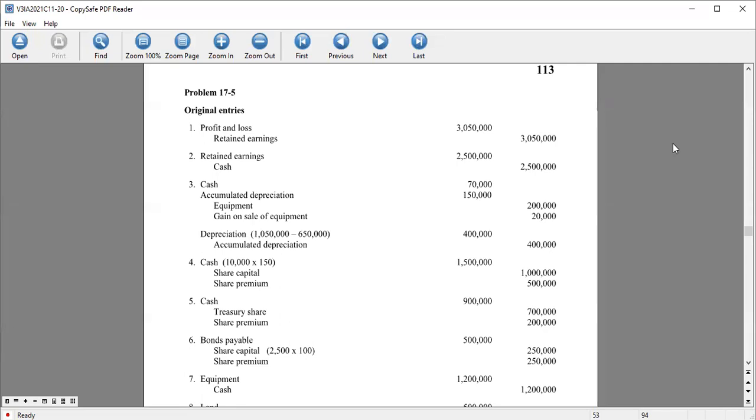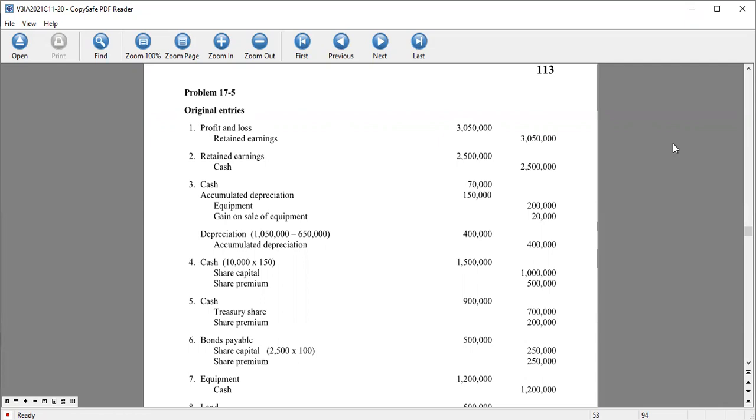Then the entity sold all of its treasury shares for 900,000. So take note that our treasury shares in the 2020 column had a balance of 700,000. And normally, treasury shares account is a debit. So now upon sale, we credit for 700,000. The selling price is 900,000. So the gain on sale, we credit to share premium for 200,000.